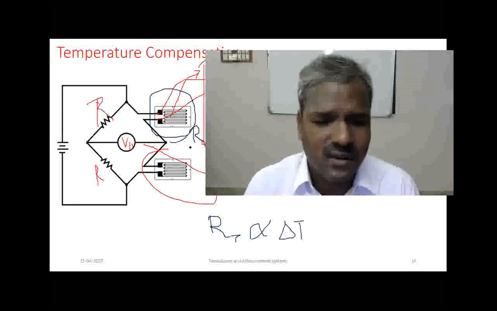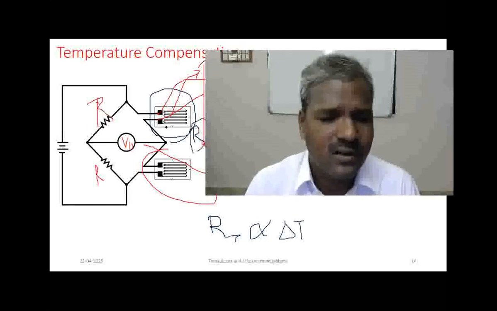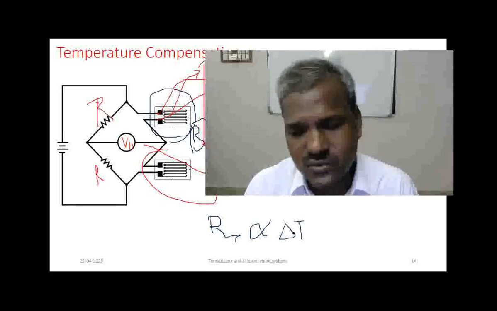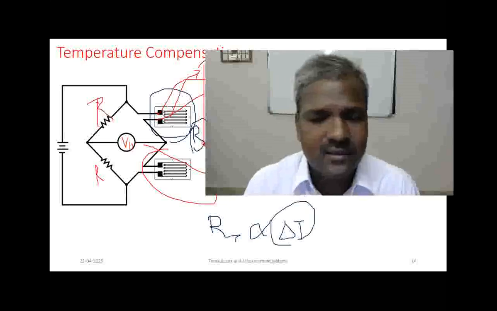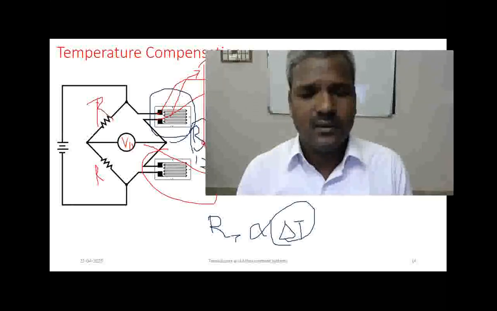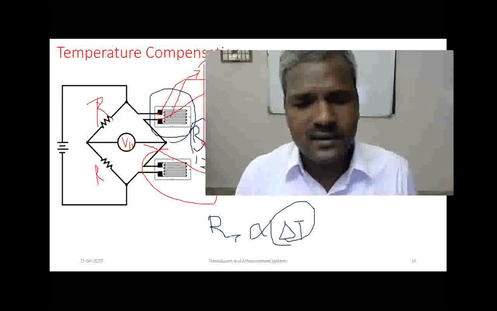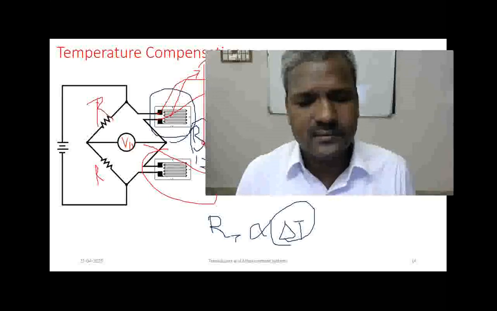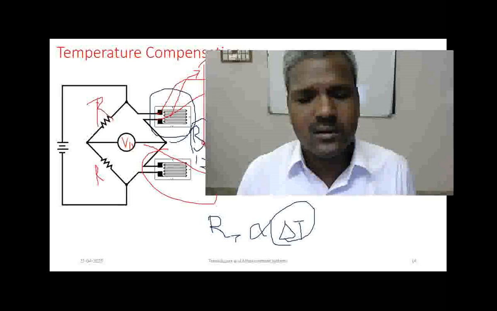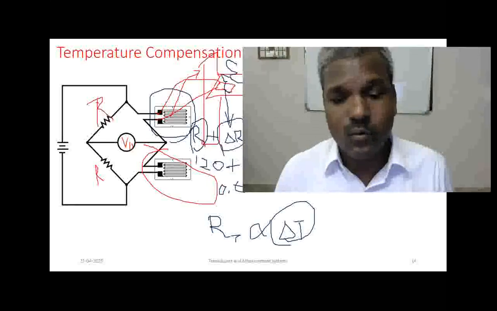So this R, the nominal value of the resistance, of this metal foil or metal wire is also sensitive to del T. Suppose the gauge resistance is 120 ohm and the change in resistance developed in the strain gauge is 0.001 ohm.